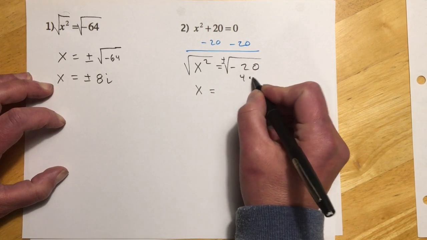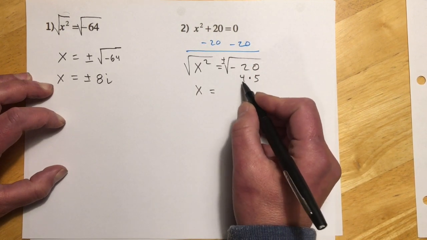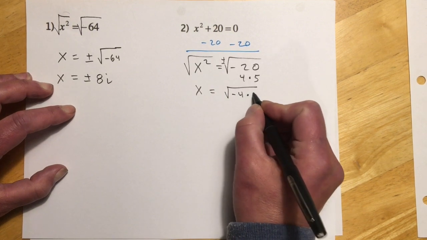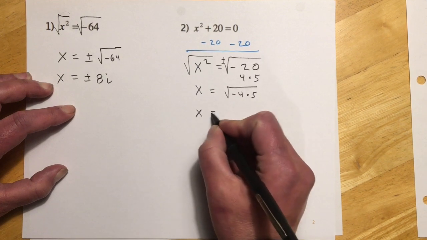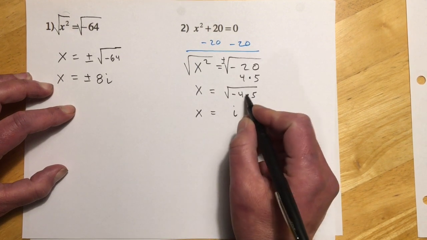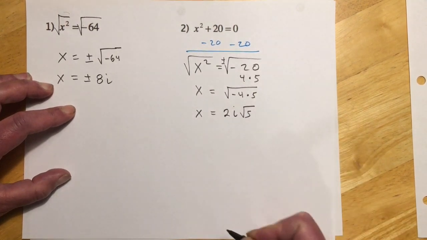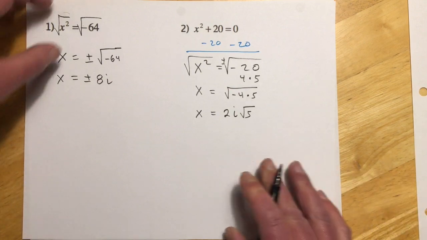Remember 20 is 4 times 5, so I'm going to need to simplify my radical a little bit. So it's negative 4 times 5 under there, so the negative is going to bring out the i, the imaginary part, and then the 4 comes out as a 2, and then the 5 has to stay inside the radical. So that was square root property.